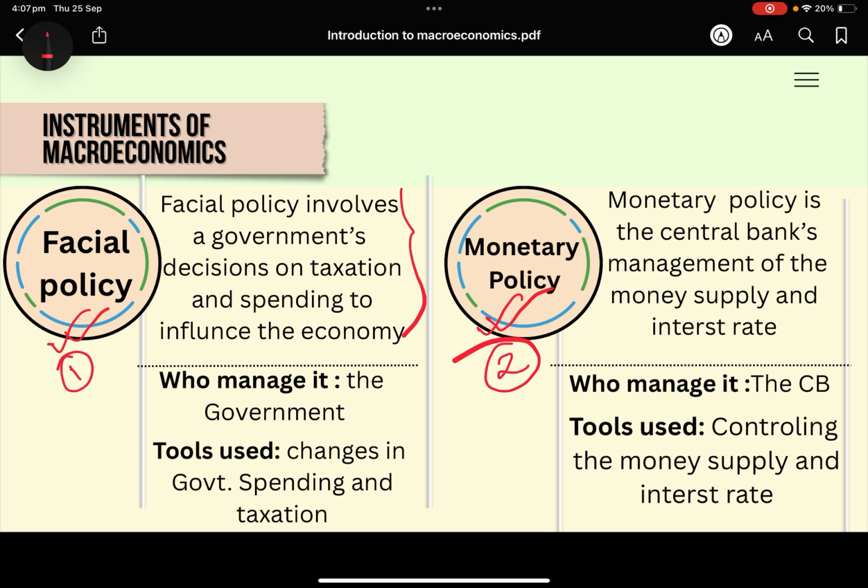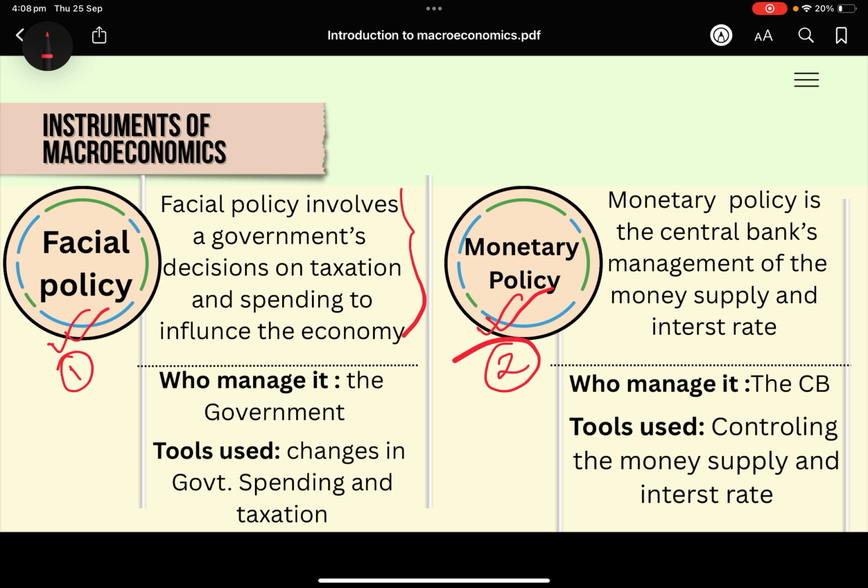And what is monetary policy? Monetary policy is the central bank's management of the money supply and interest rate. So there is a common question: who manages it? Who manages the fiscal policy and who manages the monetary policy? The answer is really simple. The fiscal policy is managed by the government, whereas the monetary policy is always monitored by the central bank. So which tool is used actually?